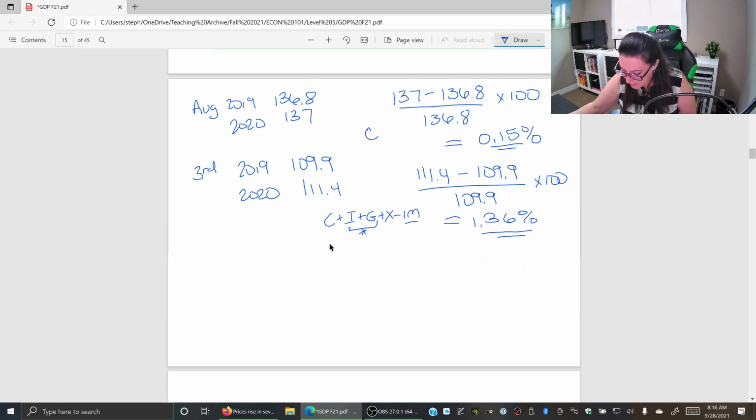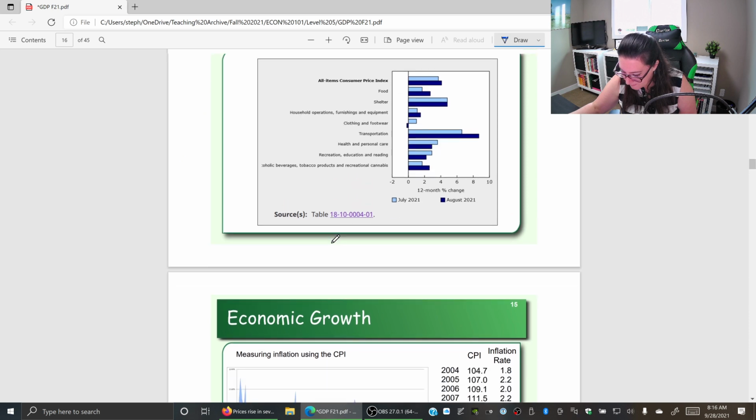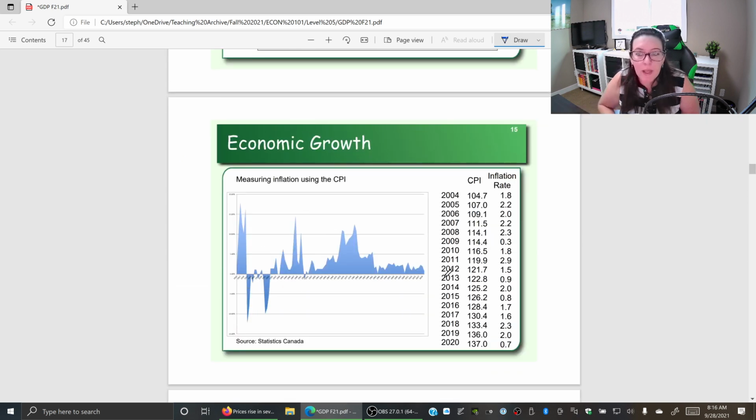Let's go back to our slides here. We can look at inflation over time. So here you see the CPIs for many years. And again, new minus old divided by old times 100 gives us the inflation rate. And that's what I've graphed here. So in fact, this graph goes back to 1915.